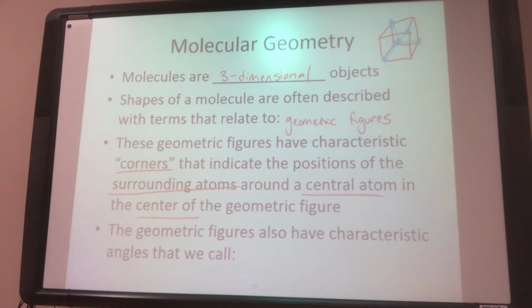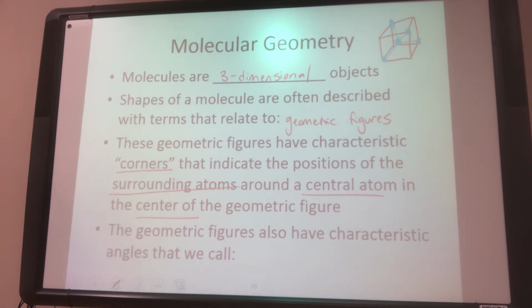Okay? So this would be one of the shapes. The central guy is in the middle of whatever the shape is, and whatever is attached to the central atom is going to be on the corners of whatever shape we talk about. We don't have a box shape per se. I just kind of drew this one to show you. It is one way to look at one of our shapes, but I'll show you other ways to think about it.